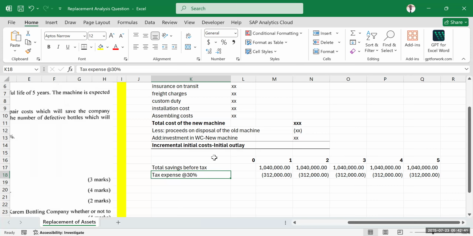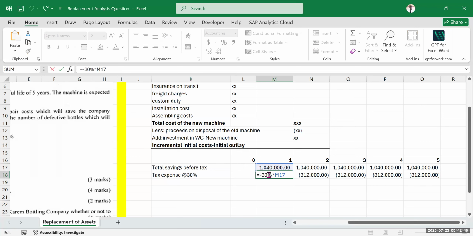But remember, in this other aspect here, we've charged tax on the total cost savings. And it is total savings on what? Total savings on the impact of that new asset. And yet, that very new asset suffers depreciation.